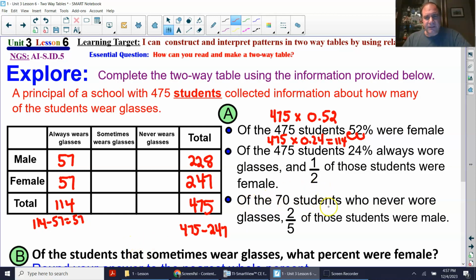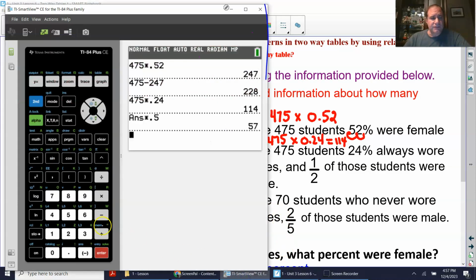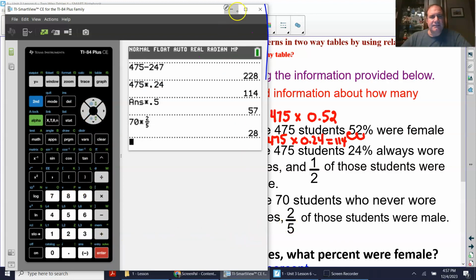And of the 70 students who never wore glasses, 70, 2/5 of them, so 70 times 2 over 5, were male. Enter. 28.